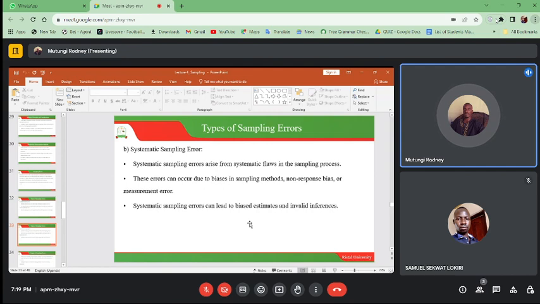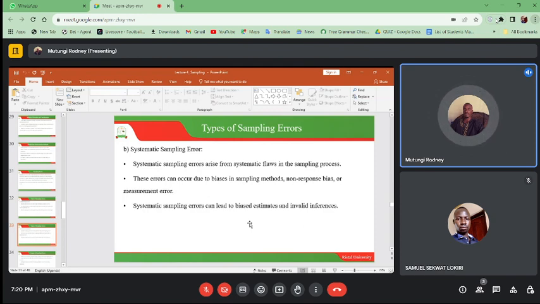We said in systematic sampling, you generate your sample and then you determine the interval after which you are going to get another person from the initial. So you might have gone from number 2 to number 11 because there is that interval of 10. Now when you reach number 11, they do not want to respond. Some people will say, maybe let me go to number 12, maybe they will respond.